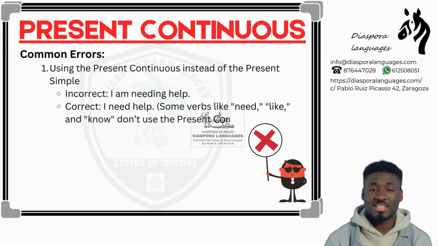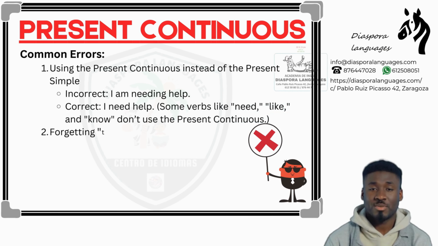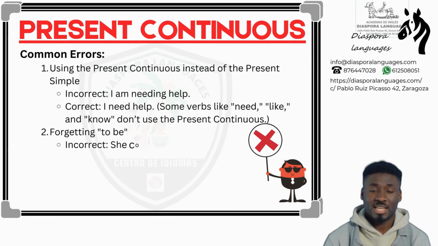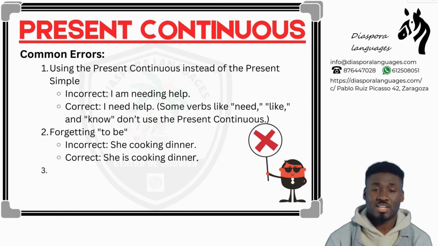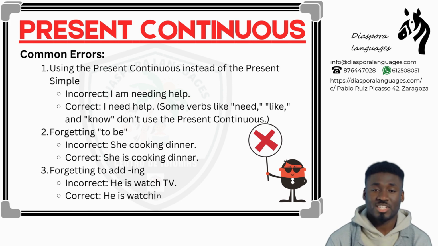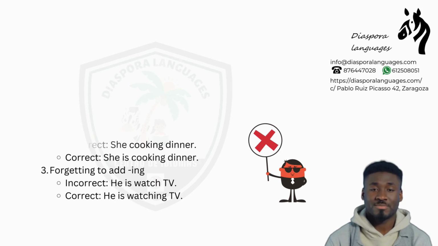You can find the list online easily. 2. Forgetting to be. Incorrect, she cooking dinner. Correct, she is cooking dinner. 3. Forgetting to add ing. Incorrect, he is watch TV. Correct, he is watching TV. By avoiding these mistakes, your English will sound much more natural.